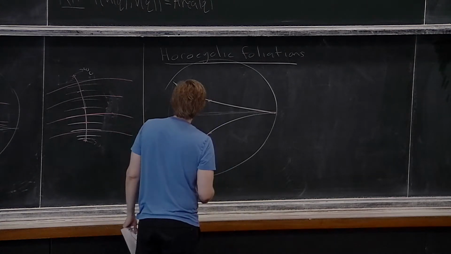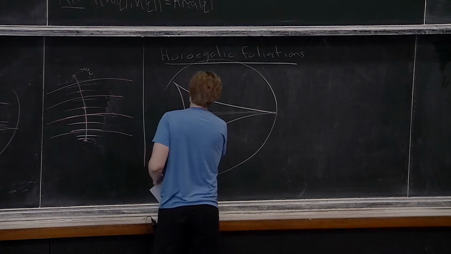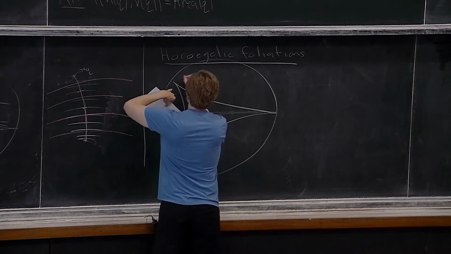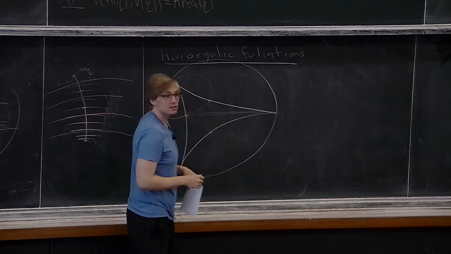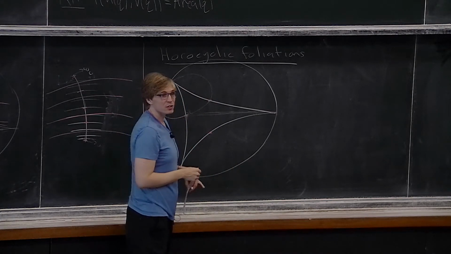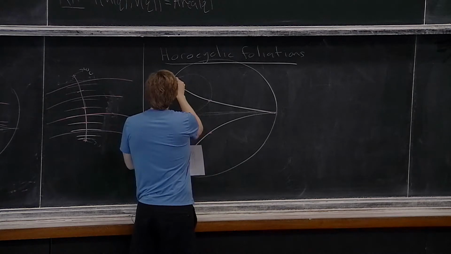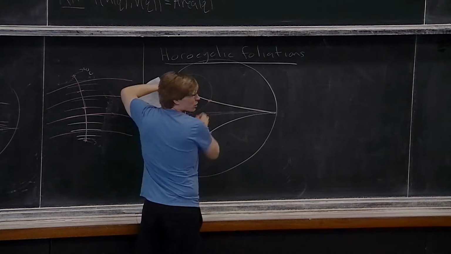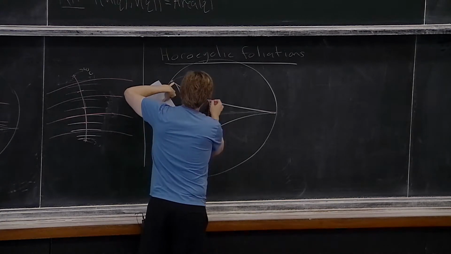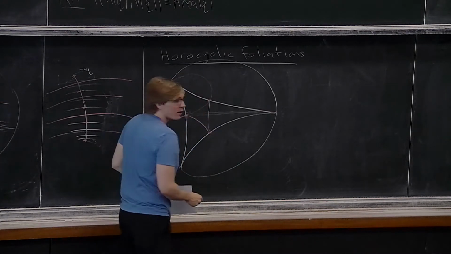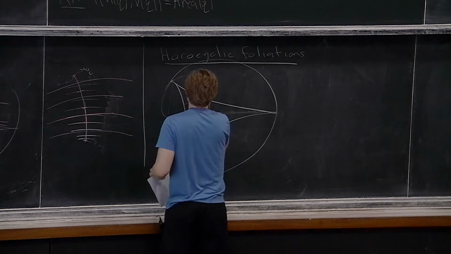And you can show that these centers lie on horocycles. So if I look at the horocycle based at this ideal vertex through here, it'll also go through here. So then I'll also have a horocycle there and a horocycle there. And then I'm going to fill in all of the horocycles.